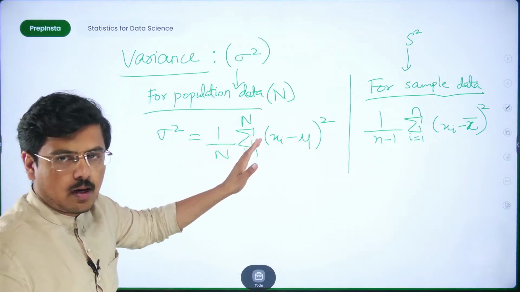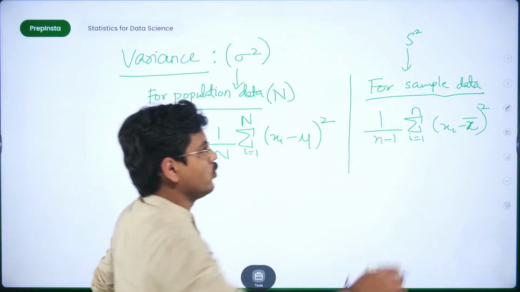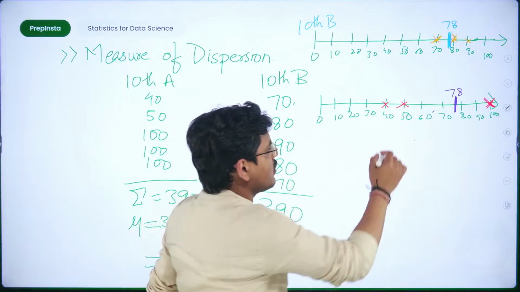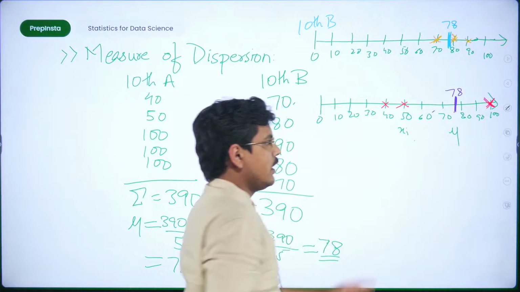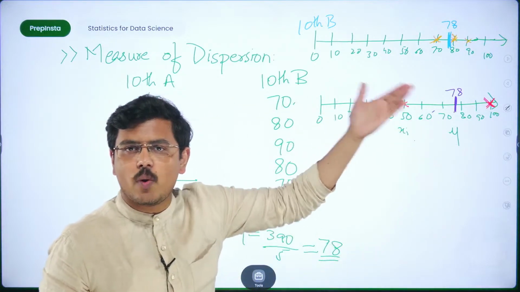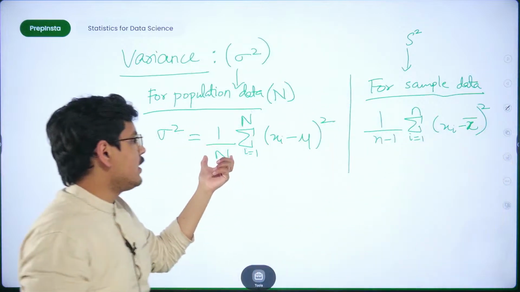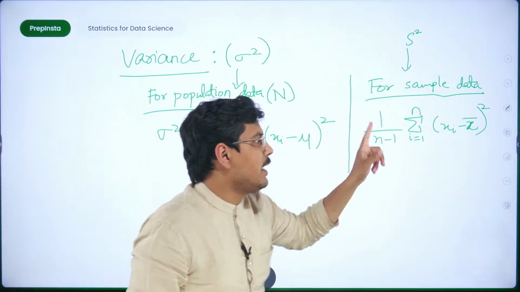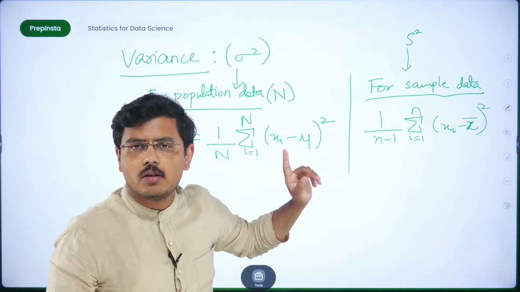So this is nothing but the difference between the mean and the actual value. I told you this is dispersion, the distance from the actual value. So this is xi and this is mu. The difference between them is squared, and the summation of all of it is divided by the total number of elements, that is for population data. For sample data, you're subtracting 1 from the total elements.